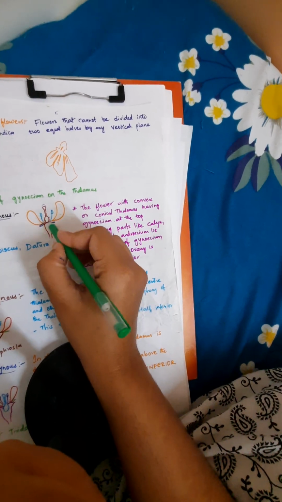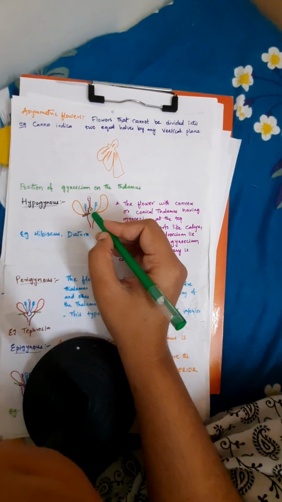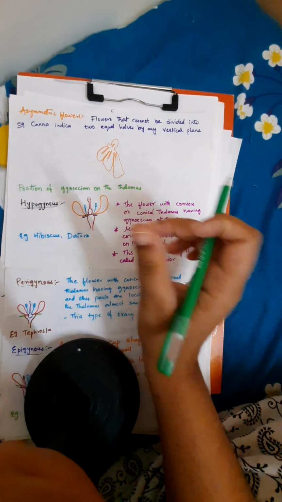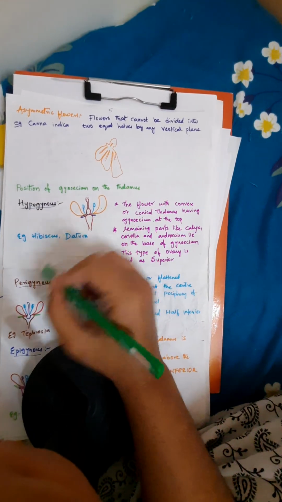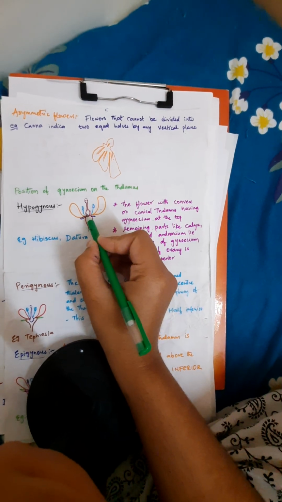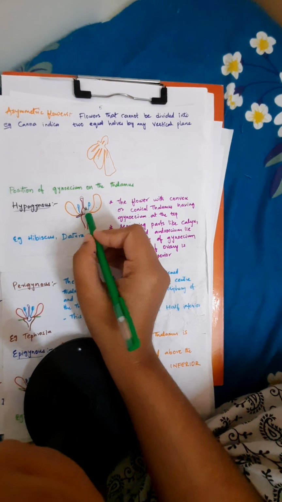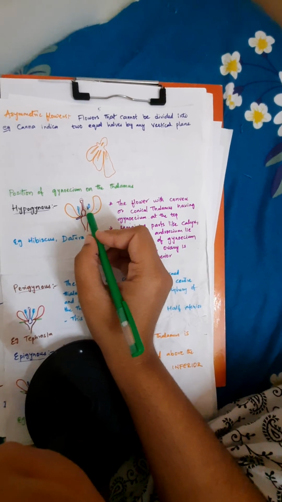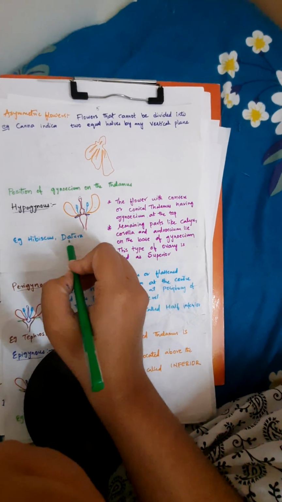Here the gynoecium is located at the top of the thalamus. Remaining parts are found at the base of the gynoecium. So this type of ovary is known as the superior ovary because the gynoecium is located at the top of the thalamus. Examples are seen in hibiscus and datura.